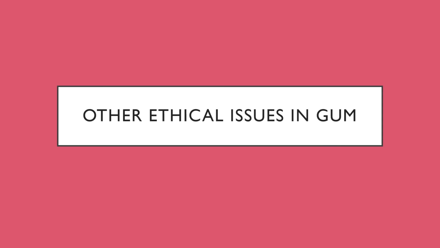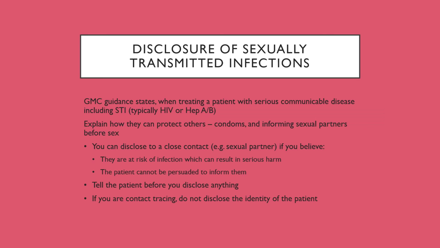So now we're going to briefly consider some other ethical issues in genitourinary medicine. So the first is disclosure of sexually transmitted infections. So this is if you're treating a patient with serious communicable disease. So in sexually transmitted infections, that could include HIV or hepatitis A or B, but also things like TB.